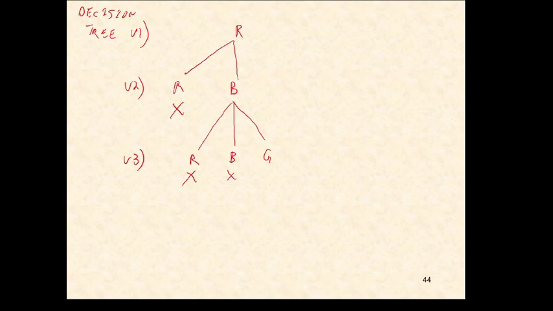We compare vertex 1 to vertex 2. It doesn't violate any constraints, so now we can start coloring vertex 4. For vertex 4, let's say we try red, etc. So that's the decision tree that we're going to make. And then let's say we either did or did not find a solution. Eventually, we're going to have to go back and make a different choice.